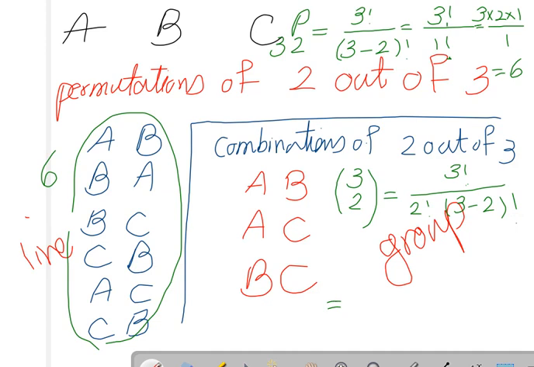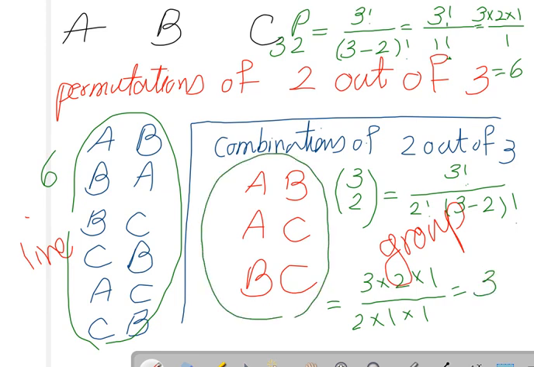So it's 3 times 2 times 1, 2 factorial is 2 times 1, and 3 minus 2 is 1, and 1 factorial is 1. So the result is 3. Here you can see we have 3 combinations of 2 out of 3.